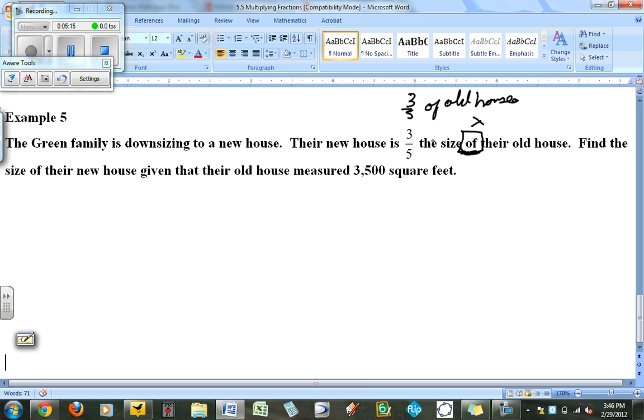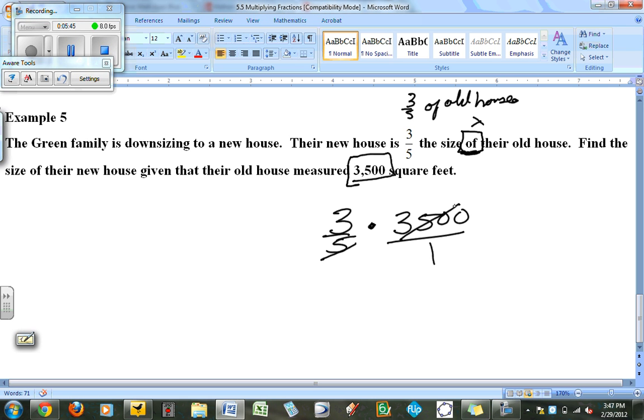So they're saying that it's 3/5 of the size of their old house, and their old house is 3,500 square feet. So we're writing 3/5 of, and of means multiply in math, 3,500. And again, 3,500 is a fraction, 3,500 over 1. And in order to multiply these, we do it the same way we've been doing it all lesson. We're going to look diagonally and cancel out. I know that I can take a 5 out of this because it ends in a 0.